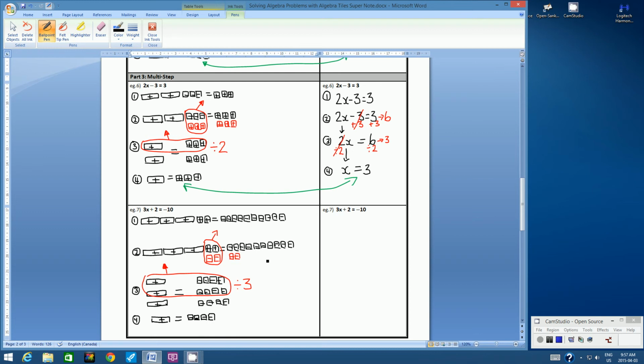Okay. All right, so let's look at the solution algebraically. Step 1, copy the question. Step 2, copy the question, and then we start to work on it.